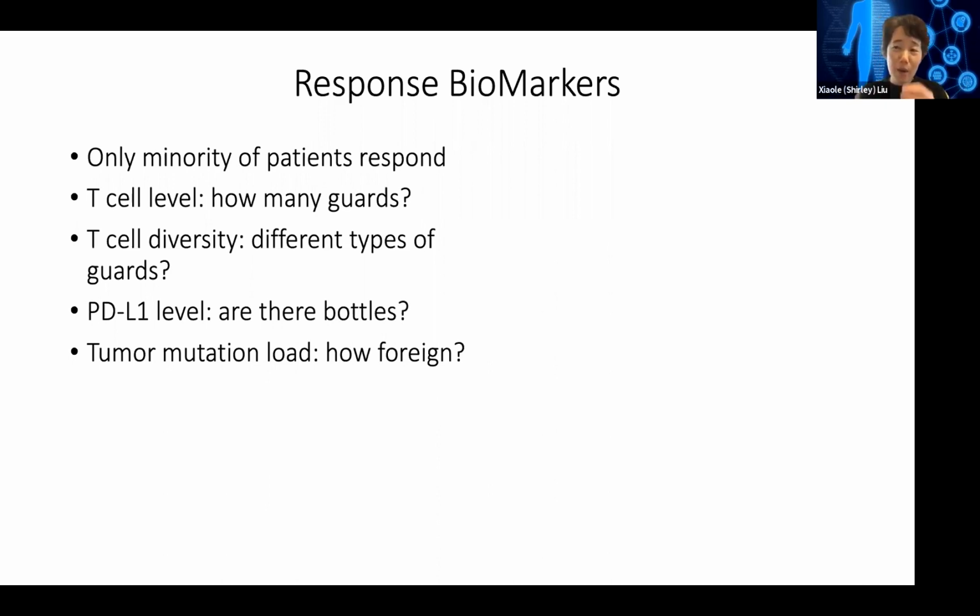And so PD-L1 interacts with PD-1 to suppress T cell activation. And so most people think that if you have higher PD-L1, the patient should do worse because it means that the T cells are being suppressed.